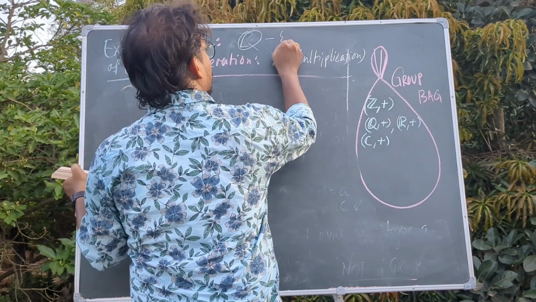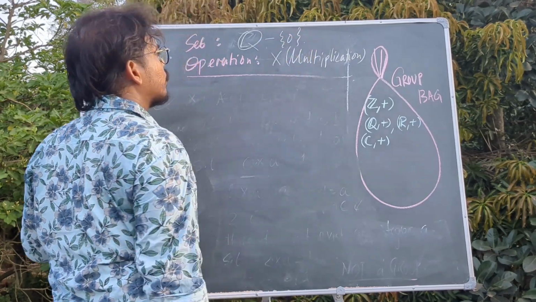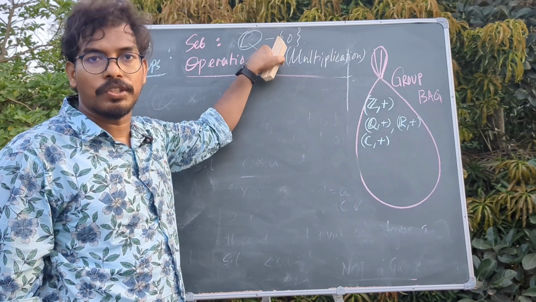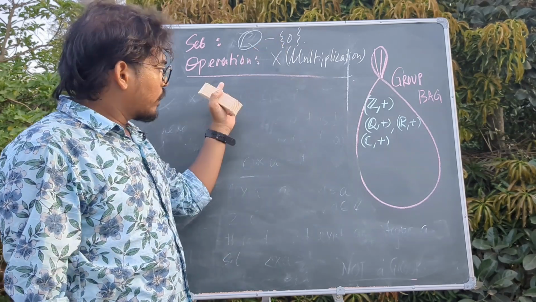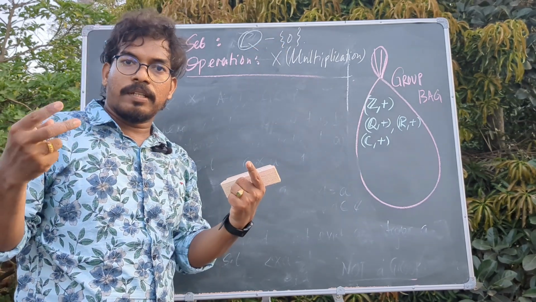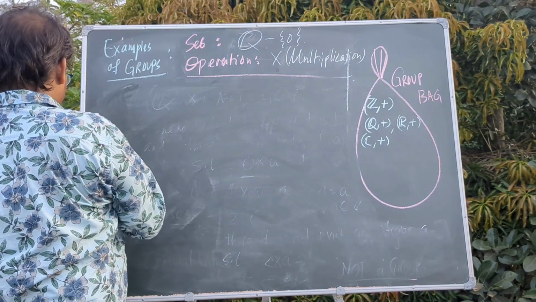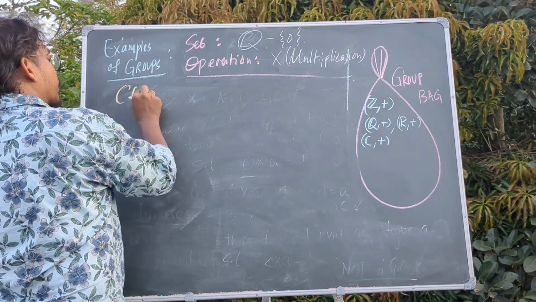Let us remove the element 0 from the set of rationals. So now we have only the non-zero rationals. Take any two non-zero rationals, multiply them. Let me write it. Closure property.